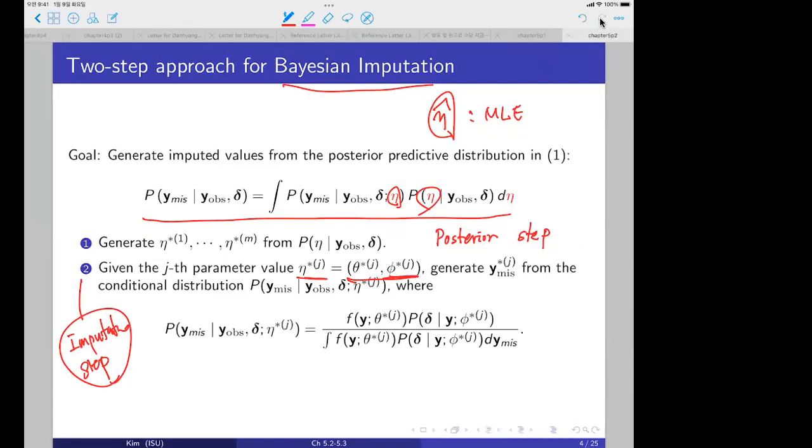Is that your question? Can we assume a known form to this? The form is this one. So we will calculate this from the prior. To compute this one, we need a prior.